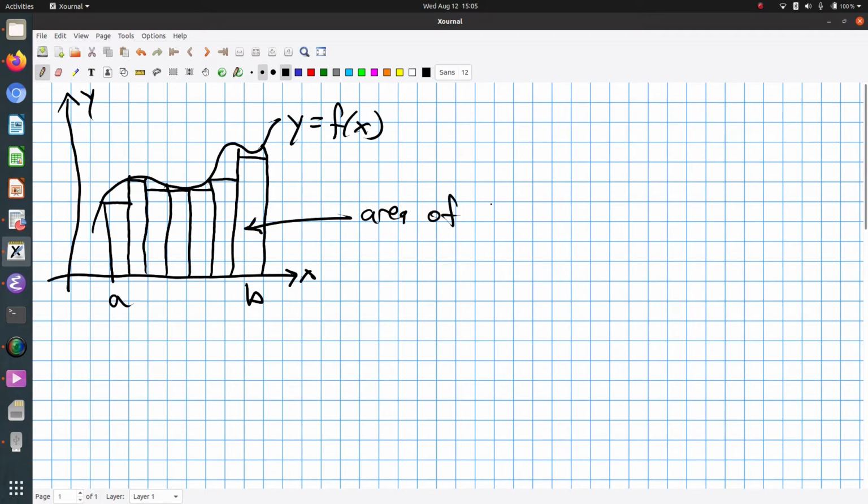Area of a rectangle is base times height. So we're going to add up the area for the first rectangle, area of the second, and the third, and the fourth, and the fifth, and the sixth, however many there happen to be. Okay, well let's say that we wanted n rectangles.